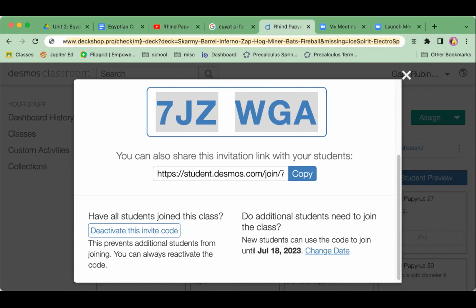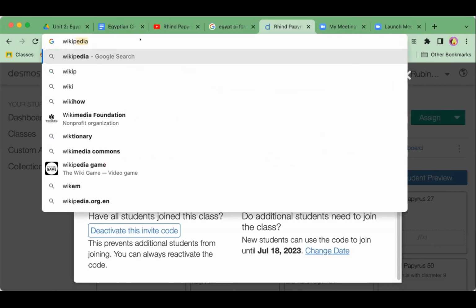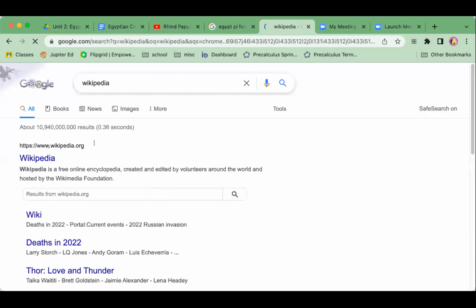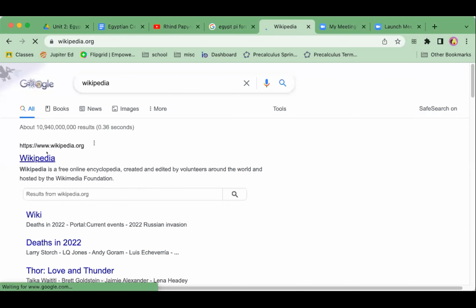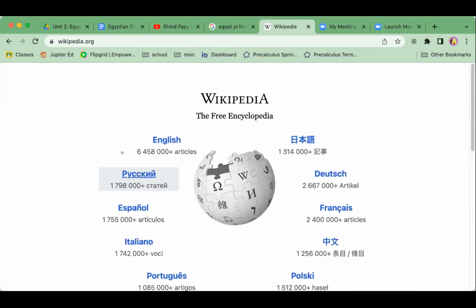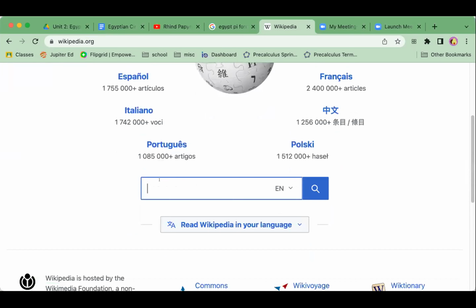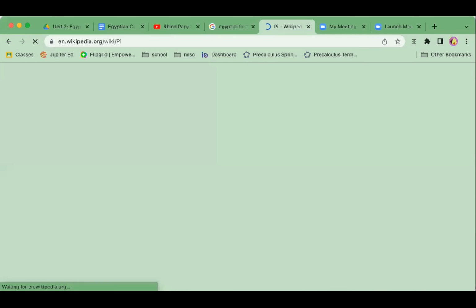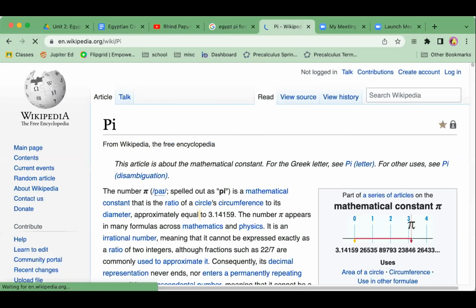but if you go to Wikipedia and look up pi, it's got to be one of the more popular entries in Wikipedia. Now, Wikipedia, of course, is a crowdsourced thing that's just made by people that edit it.